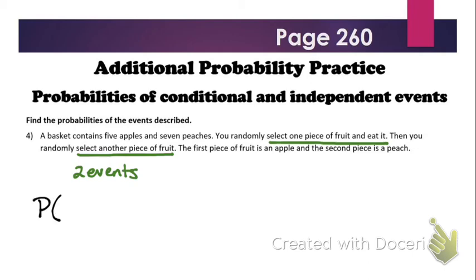What do I want to know? All right, the probability that we select what first? An apple first. And what else? The second. A peach second.